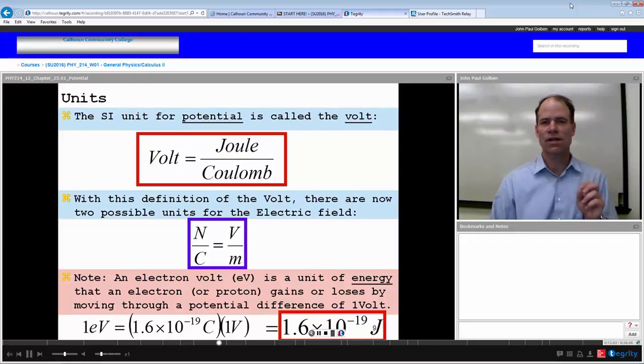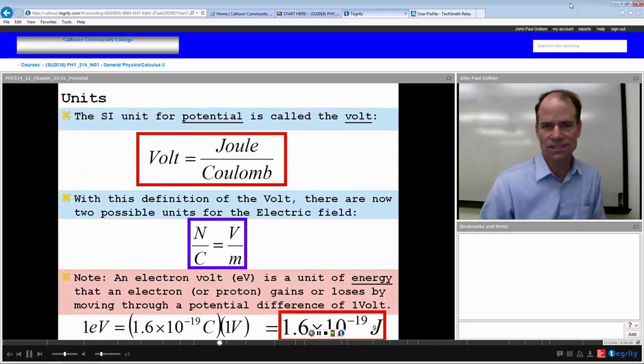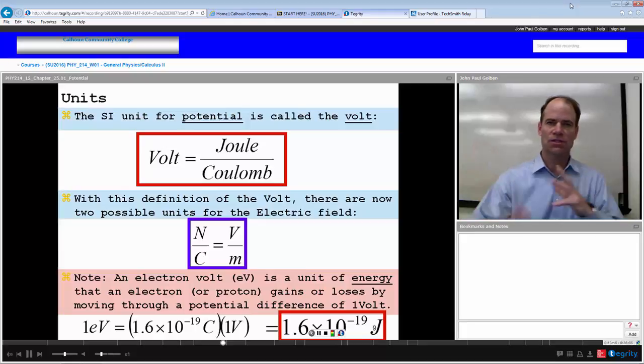So 1 electron volt is 1.6 times 10 to the minus 19 joules. We're not going to deal a lot with electron volts in this particular course, but if you were dealing with subatomic particles and dealing with changes in potential a lot on that level, then you would deal a lot with electron volts. And in some branches of physics, that would be very important, especially possibly in physics 3 or in chemistry.